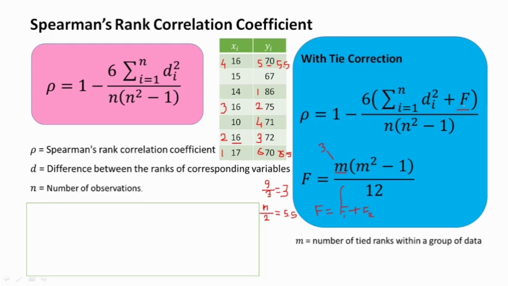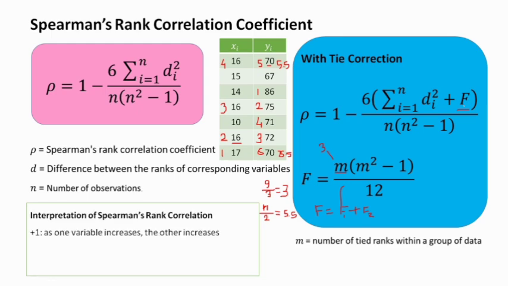Let's see the interpretation of the Spearman's rank correlation. If the Spearman's rank correlation coefficient is plus 1, it means there is a strong positive correlation between the two variables: as one variable increases, the other variable also increases.